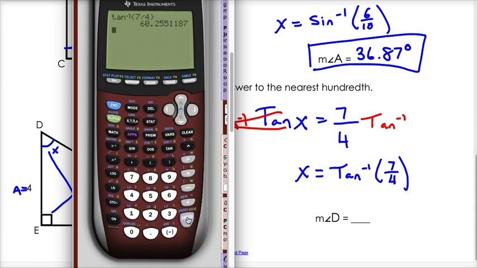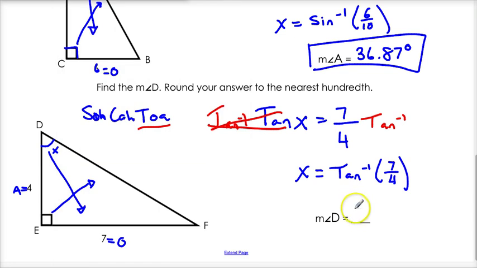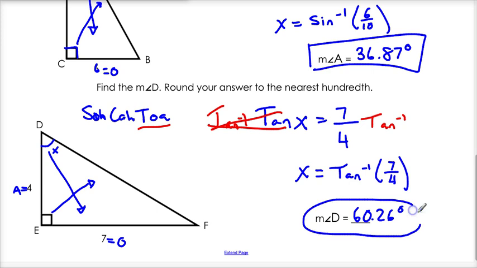Close the parenthesis and we get 60.25. I'm rounding to the nearest hundredth, so that's going to be 60.26. I have to round up. 60.26 degrees. And that's my answer. Angle D is 60.26 degrees.